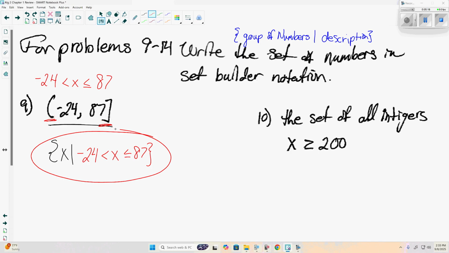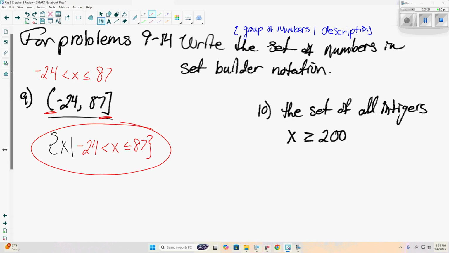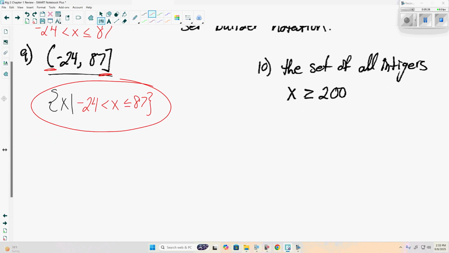Questions on number 9? We can do 10 really quick. 10 is nice because it does tell us the set of all integers. So we can't go brace x bar.